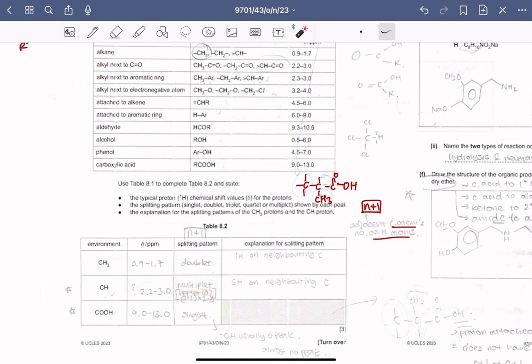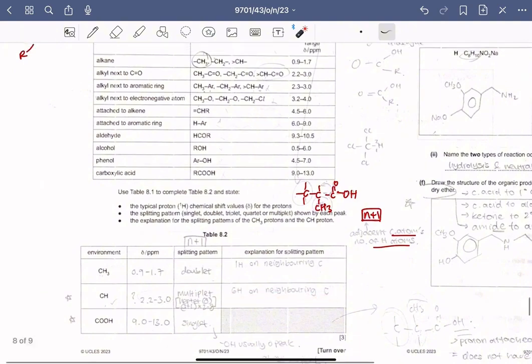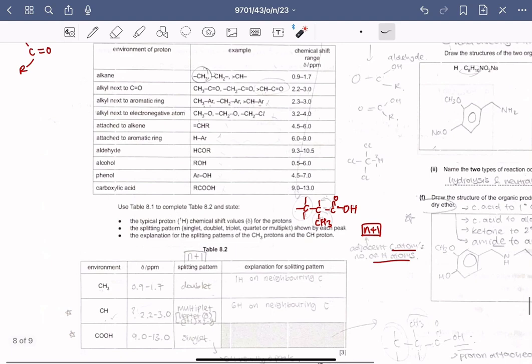The explanation for the splitting pattern is that there are 6 H in total on the neighboring carbon atoms. CH has a chemical shift value of 2.2 to 3.0 ppm. That's because of this alkyl next to a C=O group. This represents that the carbon atom is bonded to more than one other bond.